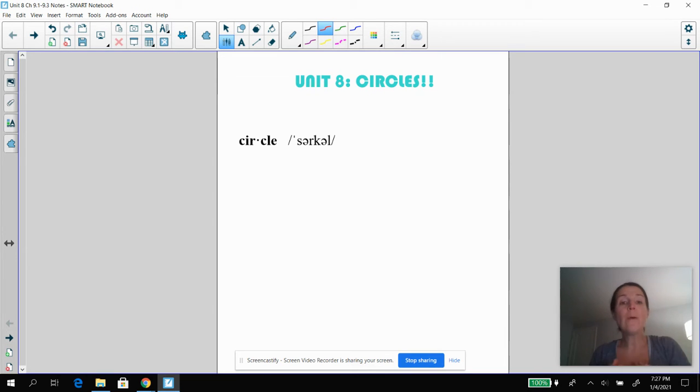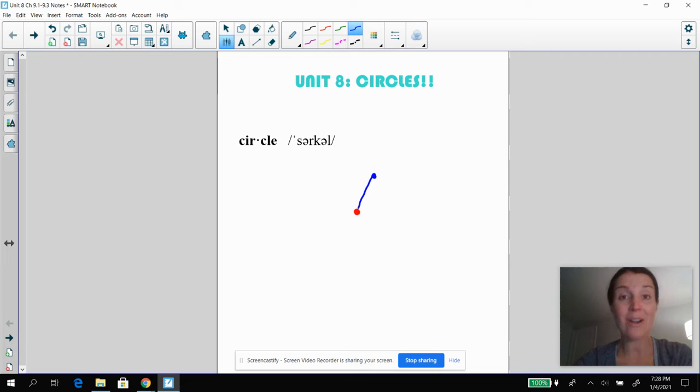All right, so when we think about a circle, we usually think about just something that looks like this. We all have known circles for a long time. But if we had to define what a circle is, it is the set of points that are all equidistant from a common point. So here's a common point, and there's a point here that is a certain distance from that point.